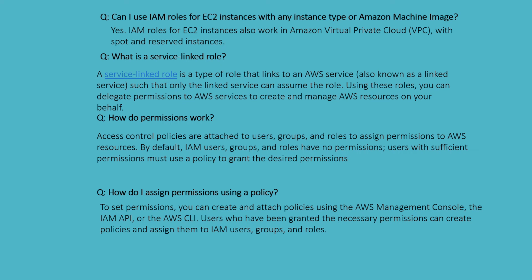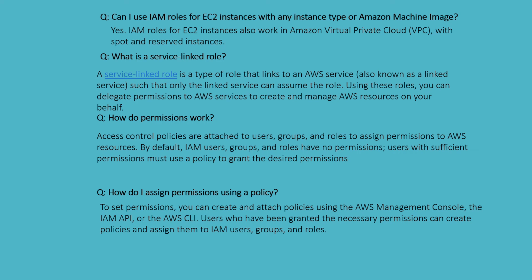How do permissions work? Access control policies are attached to users, groups, and roles to assign permission to AWS resources. By default, IAM users, groups, and roles have no permissions. A user with sufficient permission must use a policy to grant a desired permission.